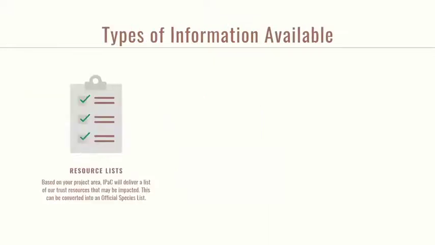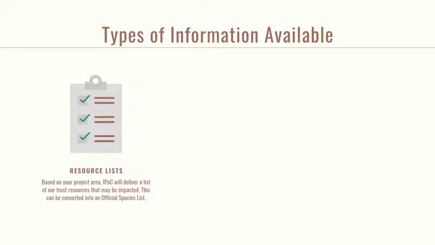So there are several types of information available in IPaC, the first of which are resource lists. So you go into IPaC, you indicate where your project is going to occur, and based on that information and the data that we have put into IPaC, IPaC will let you know what threatened and endangered species will occur in your project area.